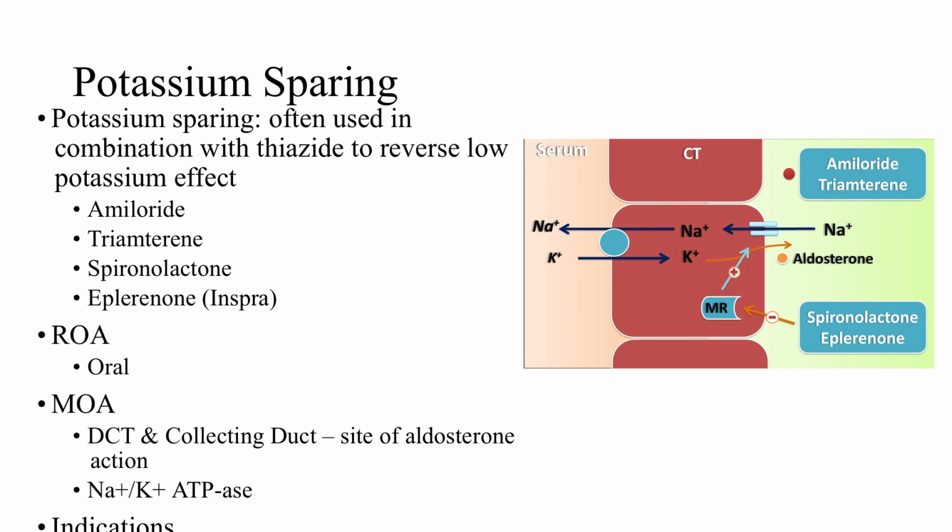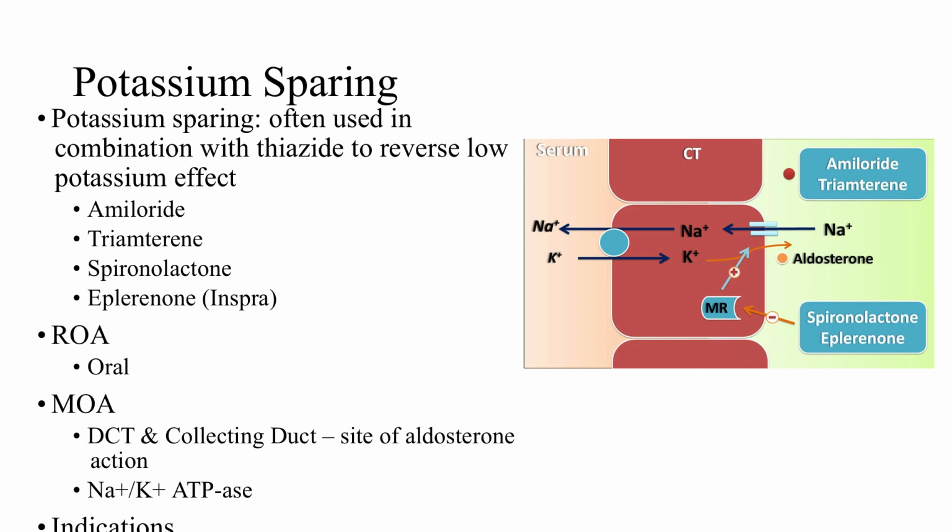Well, remember that even though all we want to do with these medications is excrete sodium and then the water that goes along with the sodium that we're excreting to lower the blood pressure and lower water and pressure states in the body, we're often exchanging that sodium for potassium.